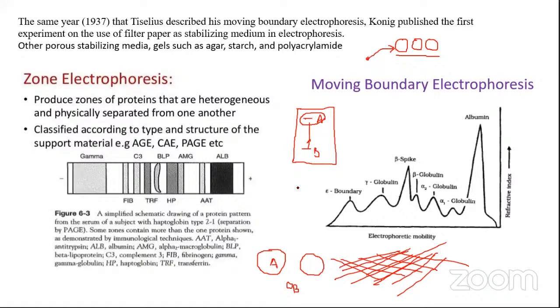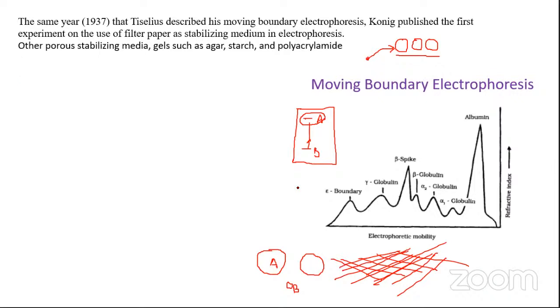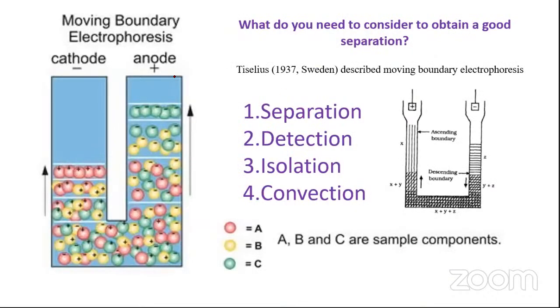So what is different here? Why are we not considering friction as a problem? In moving boundary electrophoresis, if you look at this analogy here, the molecules are having different charges, right?